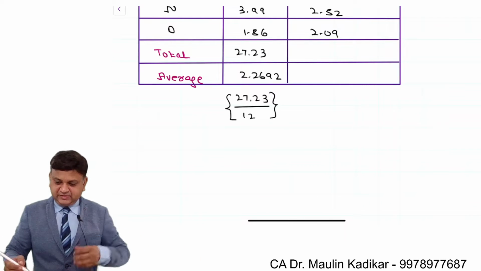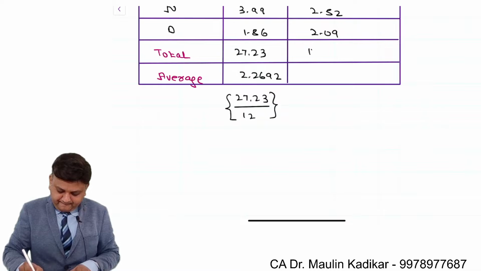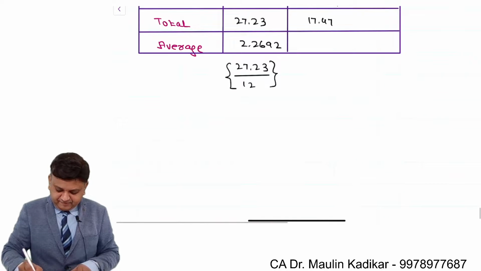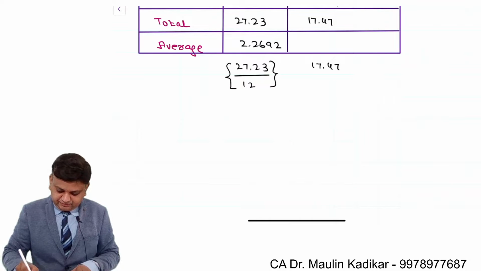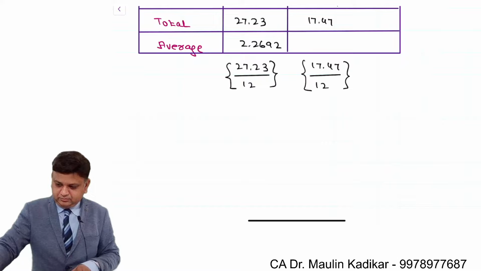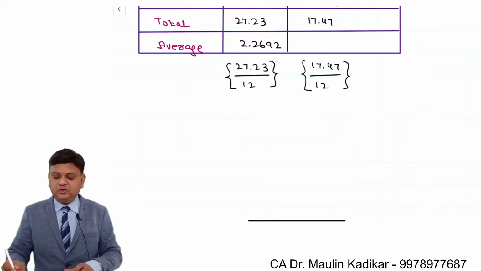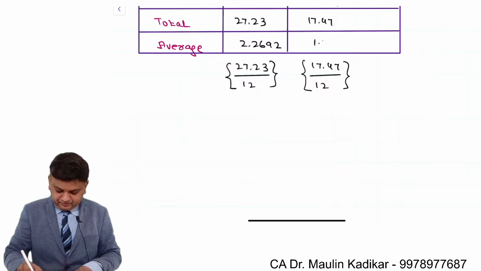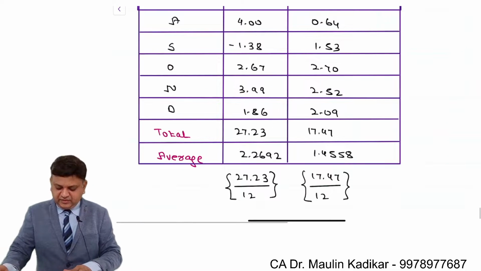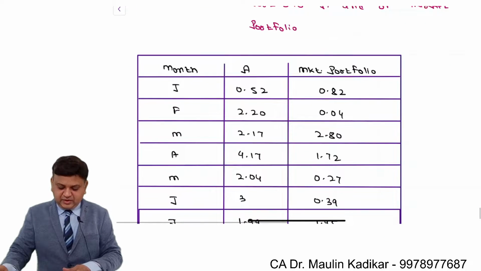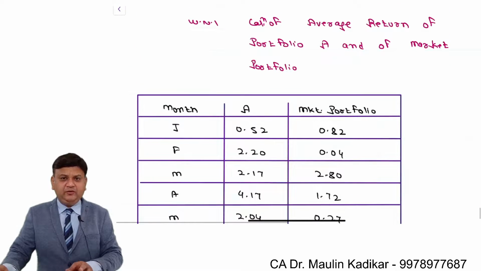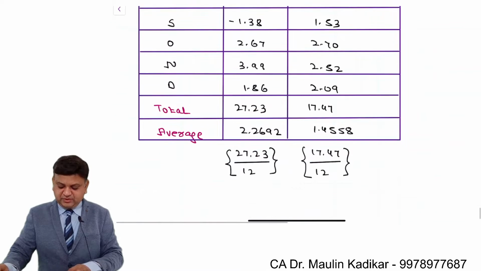So that comes to 17.47, divided by 12. That comes to 1.4558. That is the way we are required to make the computation of, first of all, the average return. Why do we compute it? I will explain that to you subsequently.